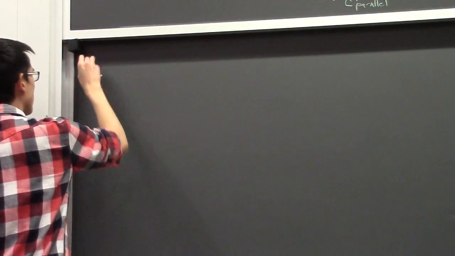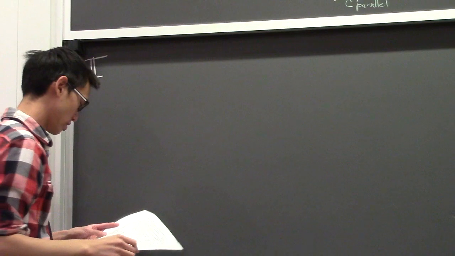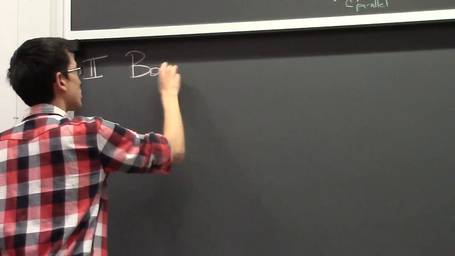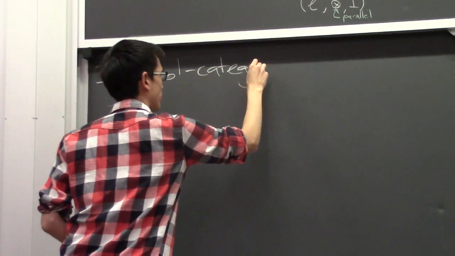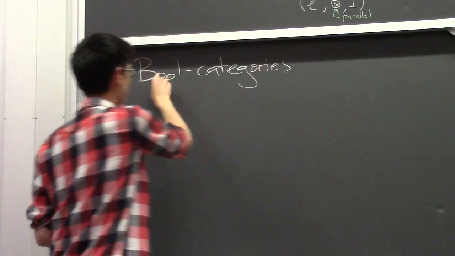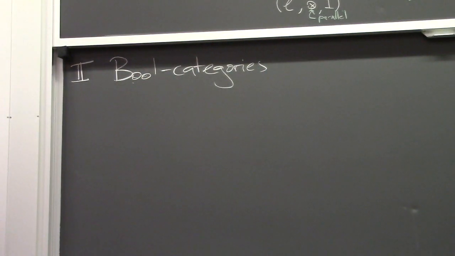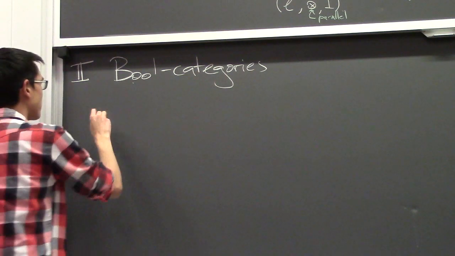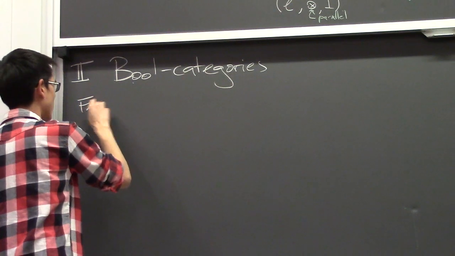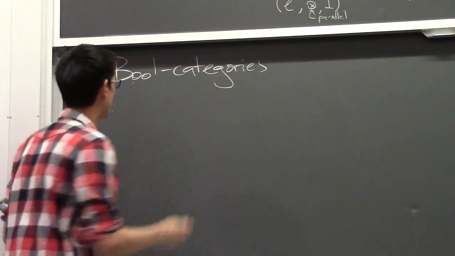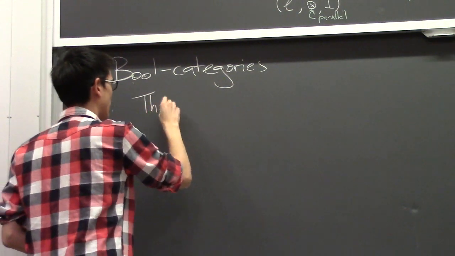Yesterday David worked generally with respect to some symmetric monoidal preorder, but I just want to talk about things in terms of Boolean categories, which are Bool-categories, which are preorders, just because it's easier.